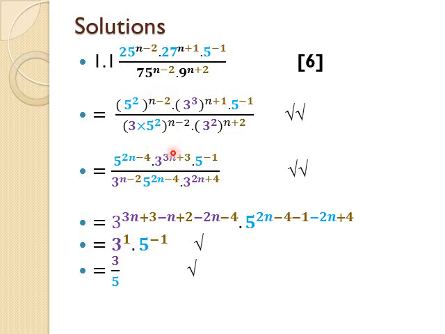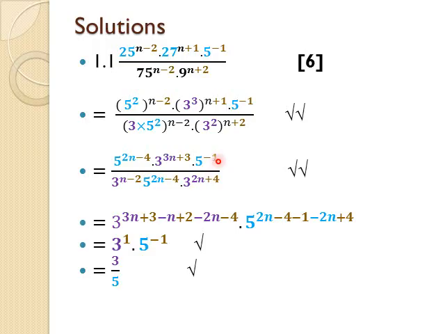There, 3 times n, 3n, 3 times 1, that says minus 1... 3, there is an invisible 1, so 1 times anything stays the same, so therefore it becomes 3n minus 2. Then 2 times n gives me 2n, 2 times negative 2 gives me negative 4, 2 times n gives me 2n, 2 times 2 gives me plus 4. So 2 marks there for correct multiplication, top line, bottom line.